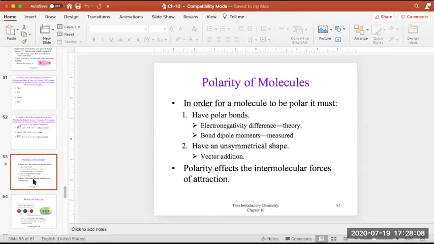Okay, now let's go to our last topic, which is polarity of a molecule. So till now we just got the polarity of the bond, a single bond, but what if I ask you whether the entire molecule is polar or not? Let me give you one example over here.